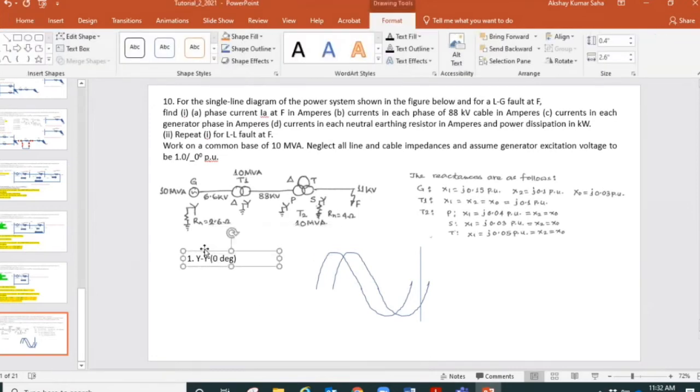Although it's AC, still it has polarity. I'm not sure if in any module they talked about the winding polarities of an alternating current transformer winding, or a motor or a generator. They also have polarities. So when we connect the transformers in series, or in parallel, we need to make sure that the polarities are also considered.